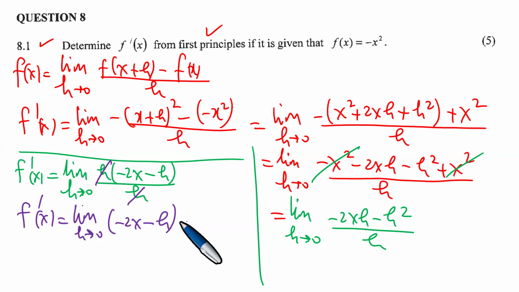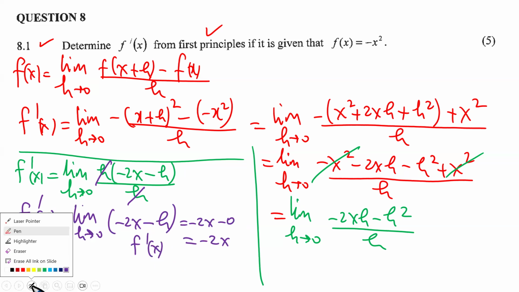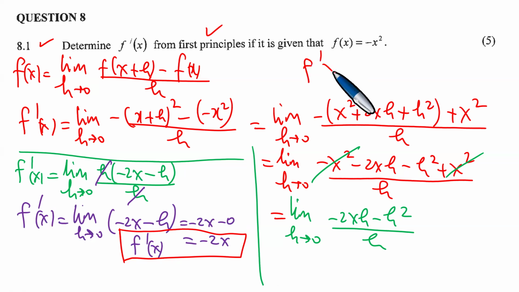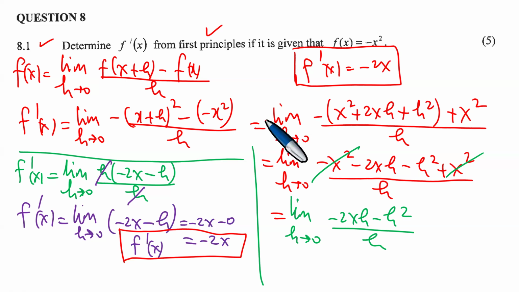So as h tends to 0 this is minus 2x minus 0, which is minus 2x. So f prime of x, determined from first principles, is minus twice x.